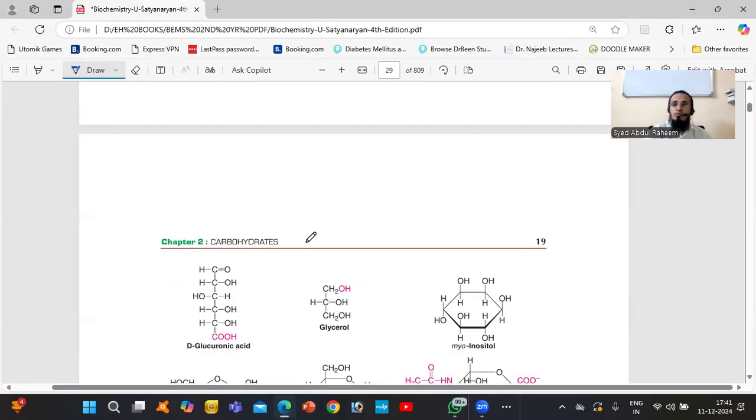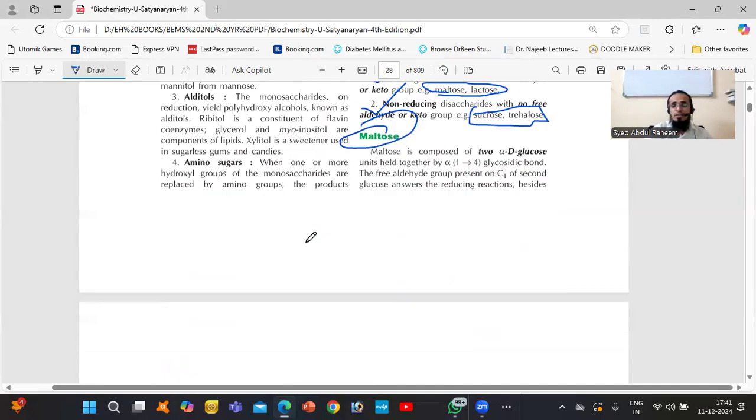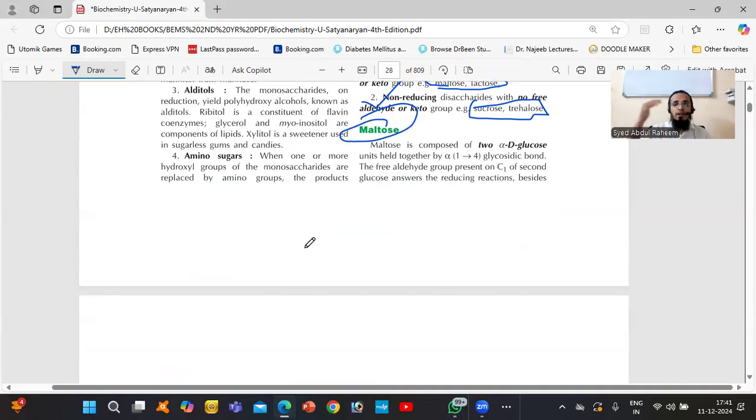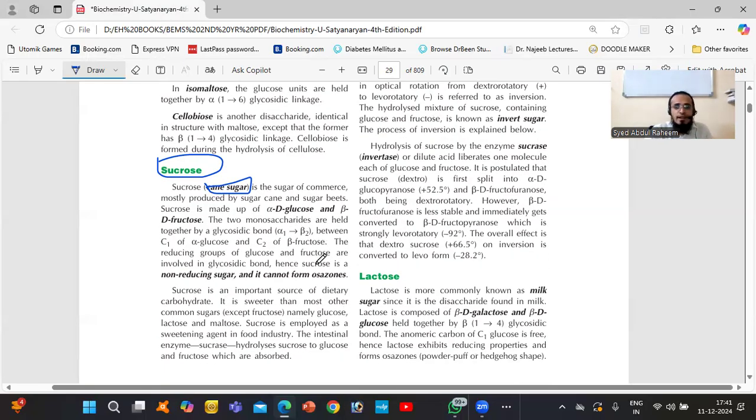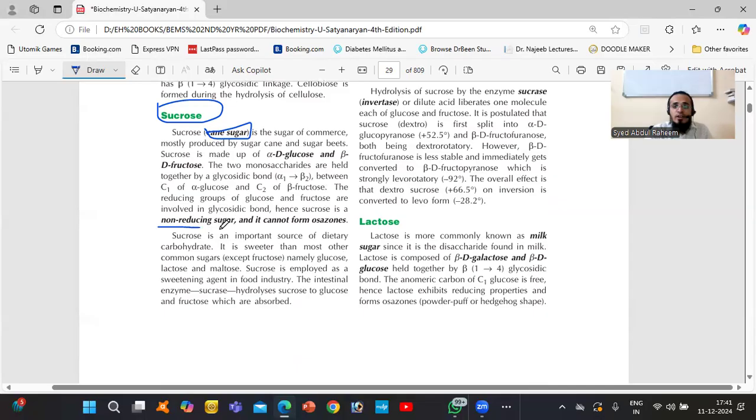So in sucrose we have more carbohydrate, and in maltose we have comparatively less. Okay. And it is a non-reducing sugar. It cannot form osazones. Sucrose is an important source of dietary carbohydrate. It is sweeter than most other common sugars. Okay, also we know that because of the presence of alpha D glucose and beta D fructose, it is sweeter than other sugars like fructose.